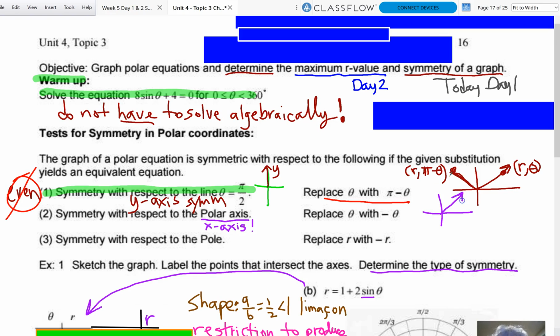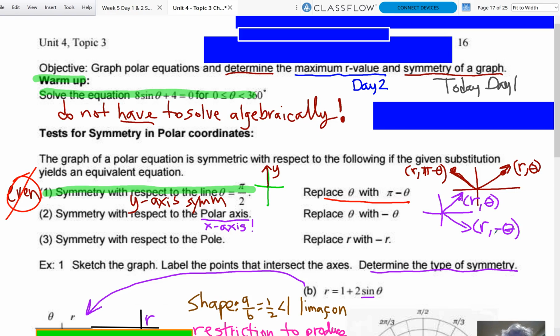Here is the graph of the equation or the point. If this point is r, theta, right here, this down here is going to be r, negative theta. Reflection over the x-axis.